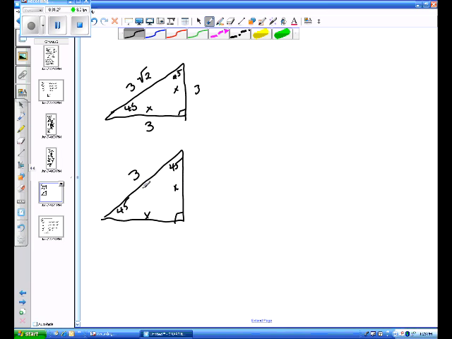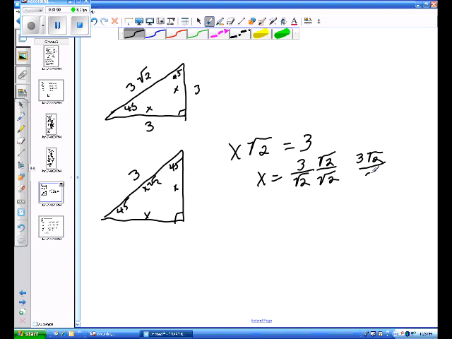We know that the hypotenuse is the leg times the square root of 2. So here we have an equation. The leg times the square root of 2 equals 3. So dividing both sides by the square root of 2, and then we can rationalize. So we have 3 square roots of 2 over 2. And we now know the lengths of our legs.